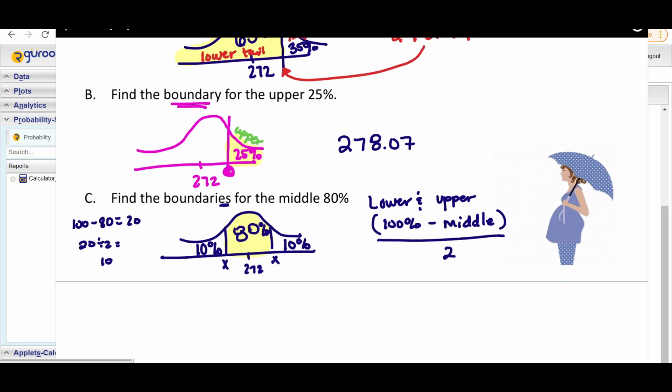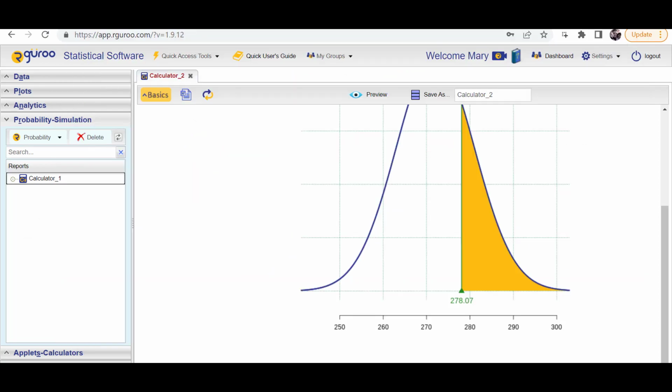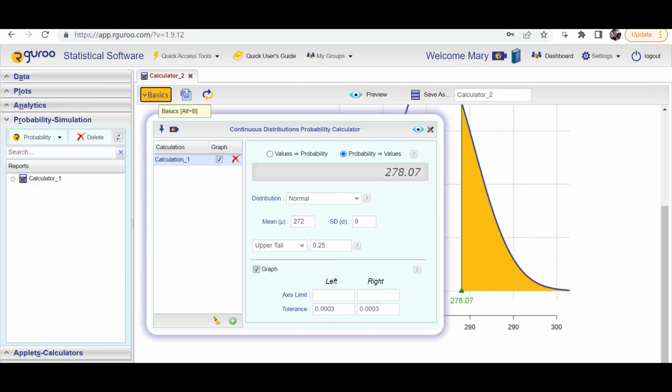So why do we need all of that? When we are finding the boundaries, it'll find both at the same time. Go back to basics and change it to between. Notice that instead of having just one value in the middle, they want you to give the lower tail and the upper tail. So the area to the left of the middle is 0.10, and the area to the right is also 0.10.